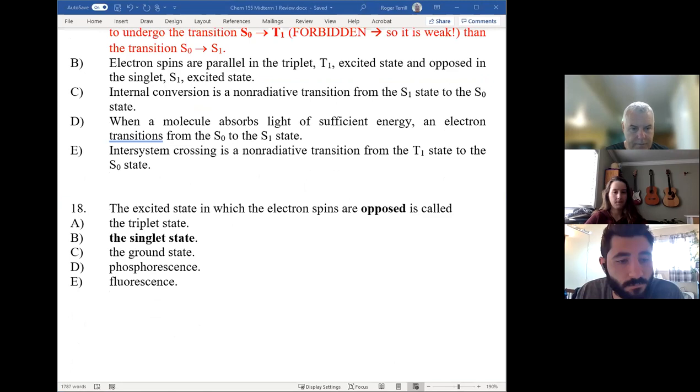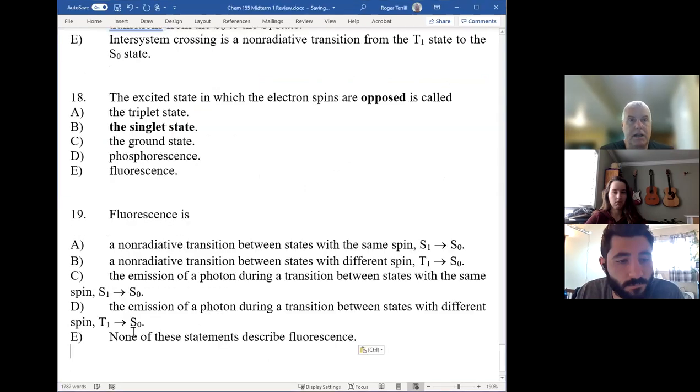Okay. Let's try this one here. Fluorescence is a non-radiative transition between states of the same spin. Non-radiative transitions between states with different spin, technically, that's phosphorescence.